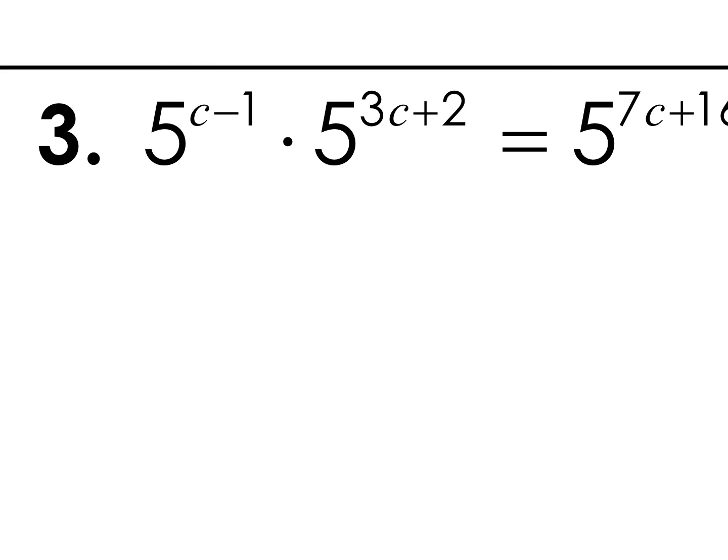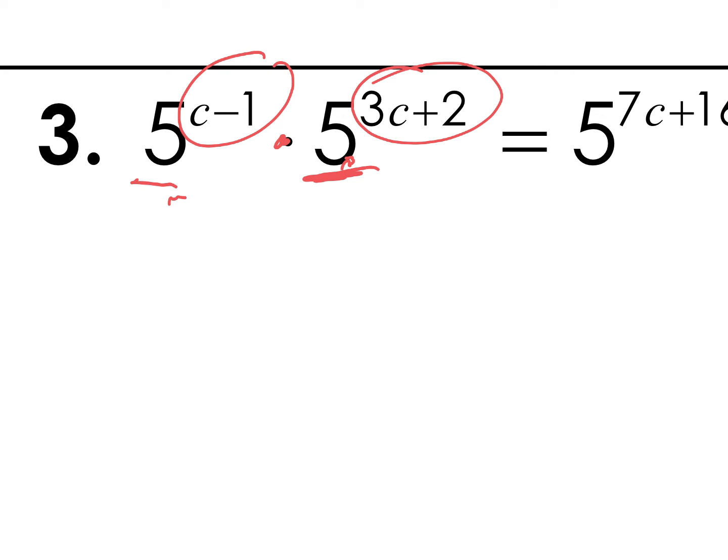You already had some skills. This is multiplying of two like bases. Isn't there a rule for that when they have exponents? When you multiply like bases, what do I do with the exponents? You add them? You add them.